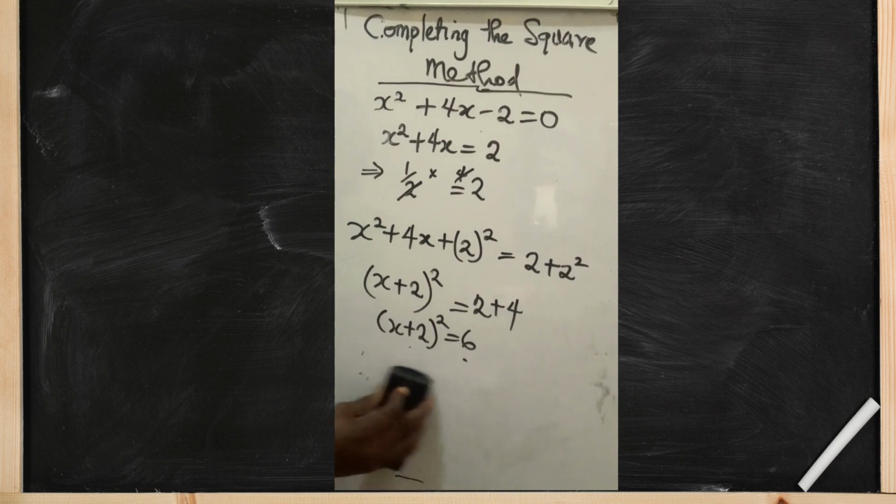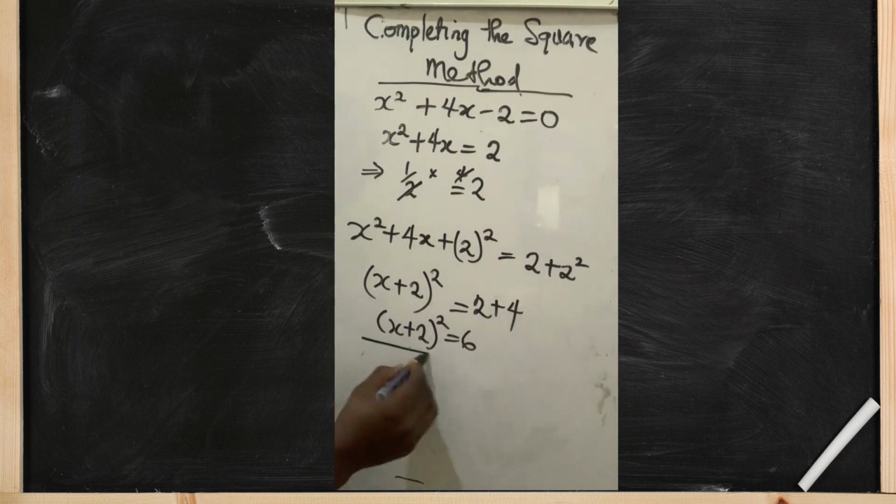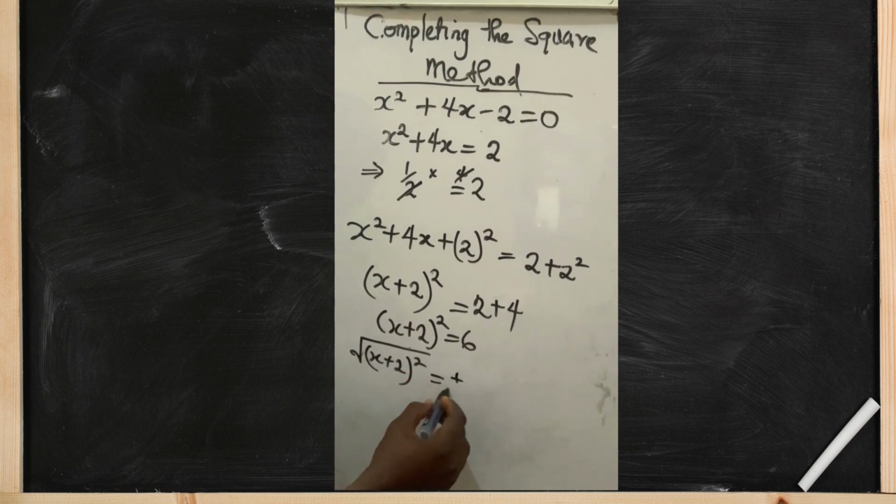So now we can eliminate this. So at this point, what you need to look for is the square root of both sides. When you get the square root of both sides, then it will be square root of x plus 2 equals plus or minus square root of 6. Then this cancels this out.